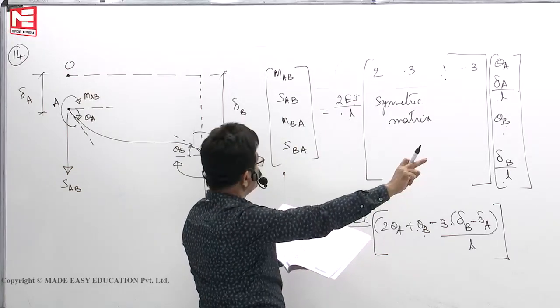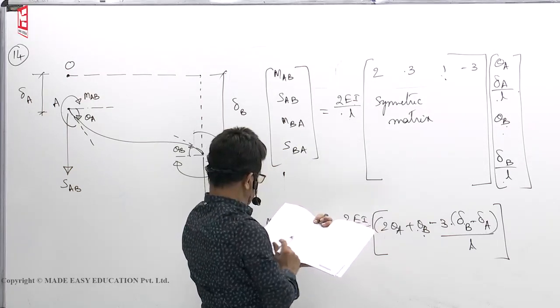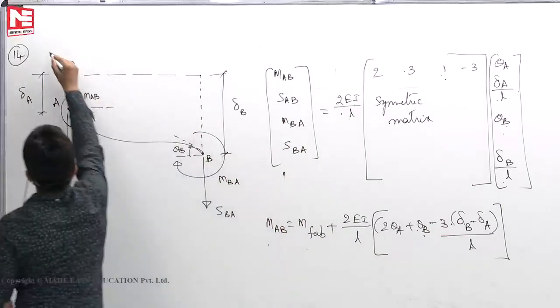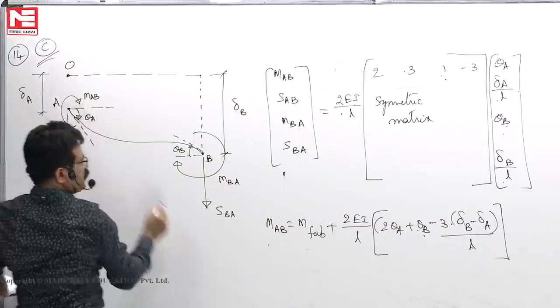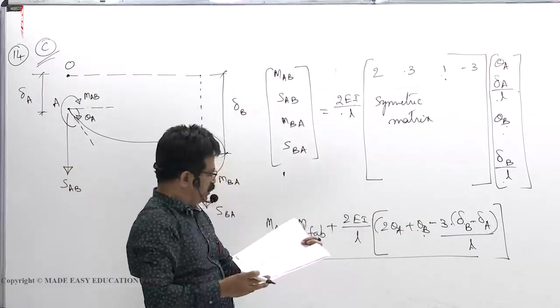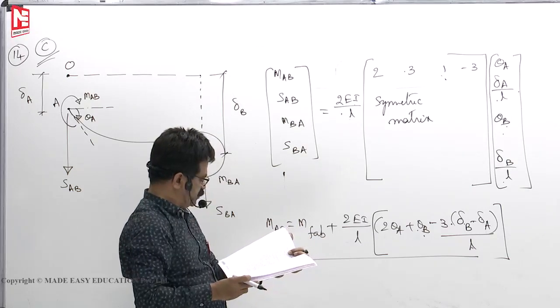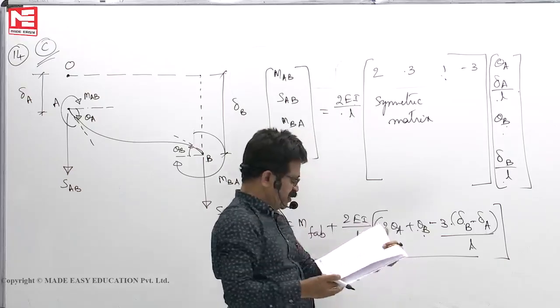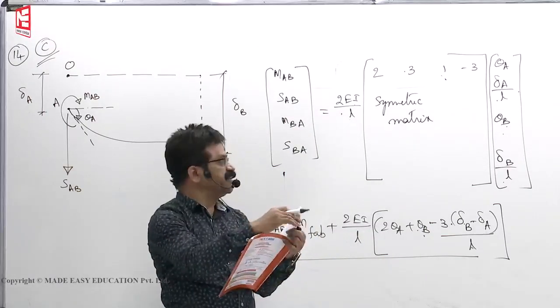First row 2, 3, 1, minus 3. C is the option. So from this we can get that symmetric matrix. That symmetric matrix must be like that. Maybe loads were not there. SAB, etc. Everything can be derived automatically.